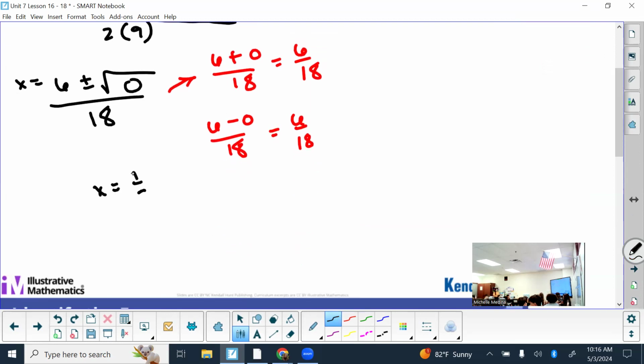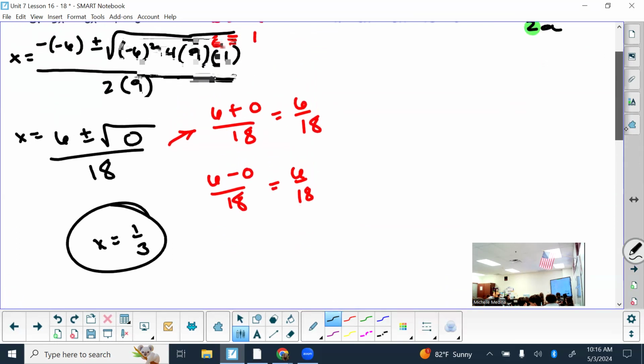One-third is what it simplifies to, and that's your one solution. I prefer you use the 1/3 over the 0.3 repeating, since you have to round that. But 1/3 is that. Good, any questions?